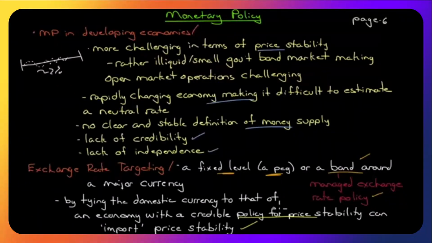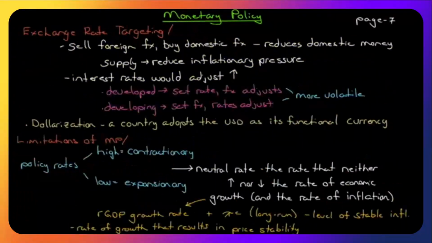And if you're a country that is targeting your exchange rate to the US dollar, as the US dollar exchange rate changes because their interest rate keeps changing, you must then buy and sell your currency to target that level of exchange rate, thereby importing the monetary policy from the developed country. So I said that we can import price stability. Let's see how that is done.